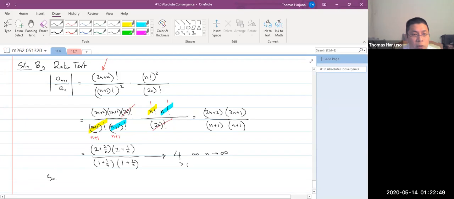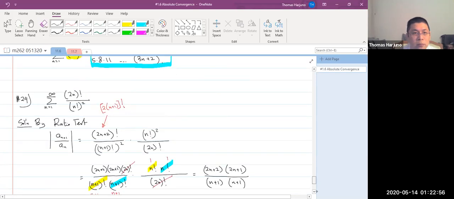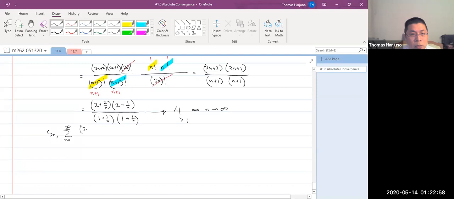So that series, the series 2n factorial over n factorial squared, which happens to be the series of the absolute value, is divergent.